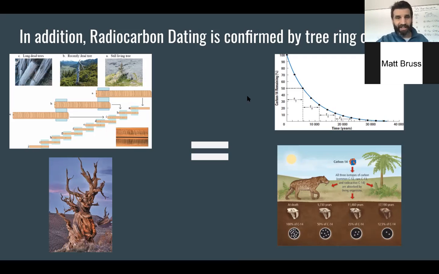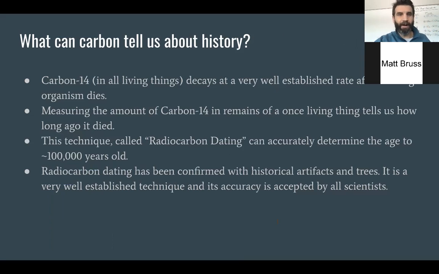So based on starting from counting rings and a method that matches and confirms this, the matching the ring, we now know the age of the Earth is at least 50 to 100,000 years old. So what does this tell us? So carbon-14 is in all living things. It decays at a very well-established rate after a living organism dies.